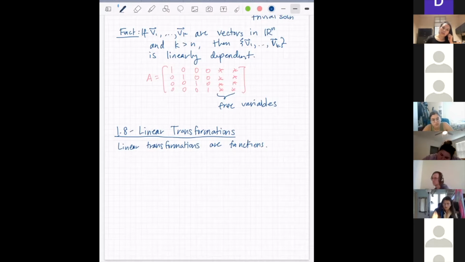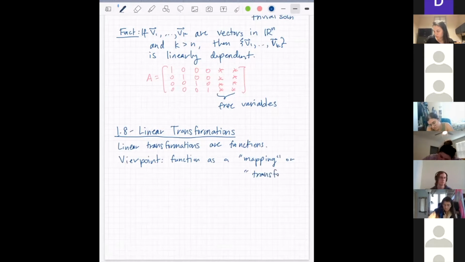And we're kind of viewing functions differently than maybe you have done before, right? So our viewpoint is going to be of a function as a mapping or a transformation. Okay. So in prior math classes you would usually think of a function as something like f(x) = x squared, right?